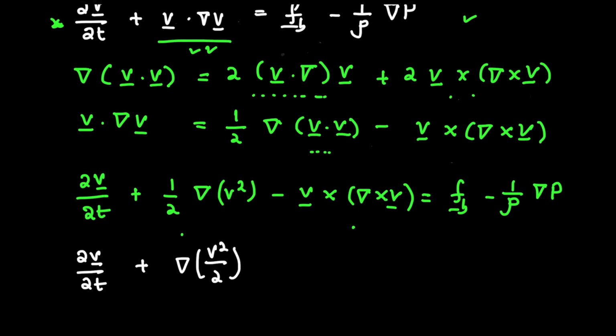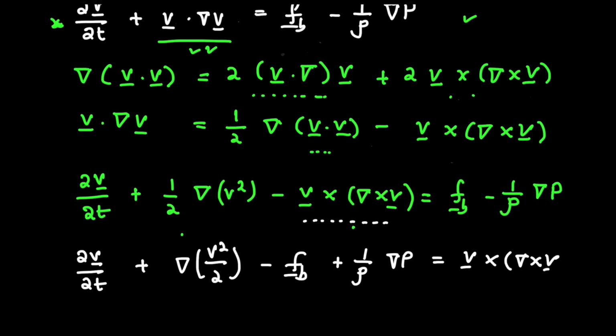And then let's take this part of the equation to the other side of the equal sign. And then here, we can just bring minus the body force field, and then plus 1 over the density del of P. This equals v cross del cross v.